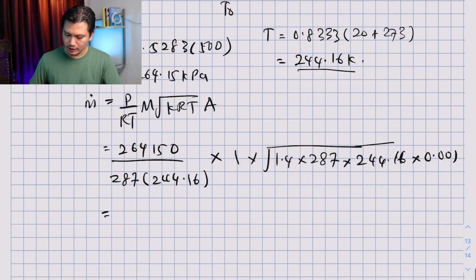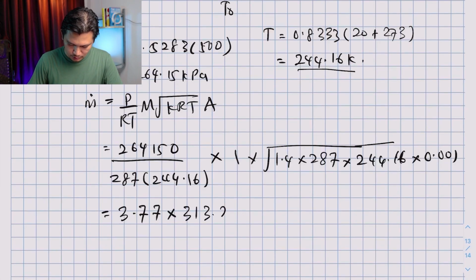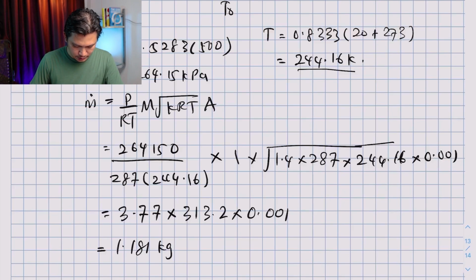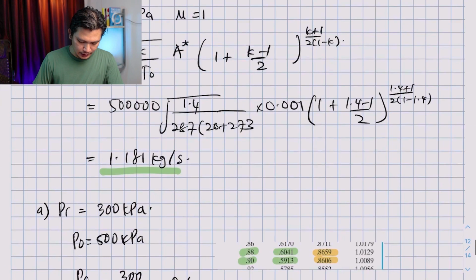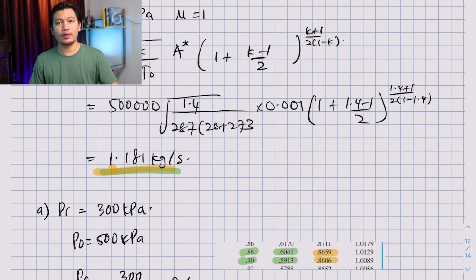The mass flow rate that you get is 264,150 divided by 287 divided by 244.16, times the square root of 1.4 times 287 times 244.16, which is 313.2, times 0.001, which is equal to 1.181 kilograms per second.